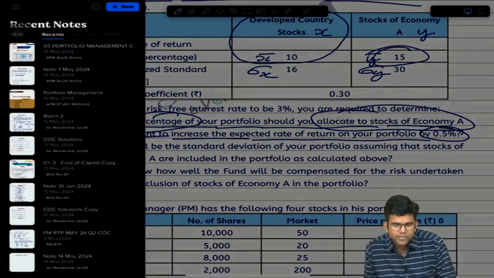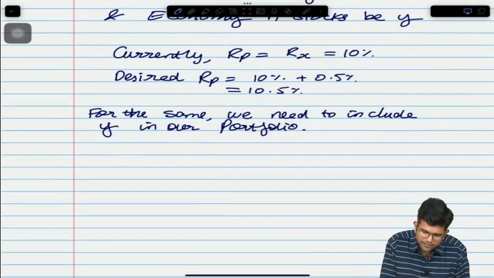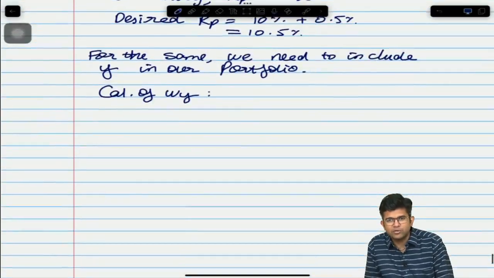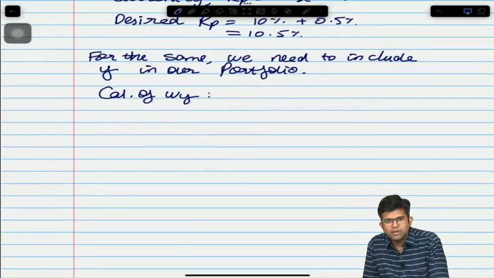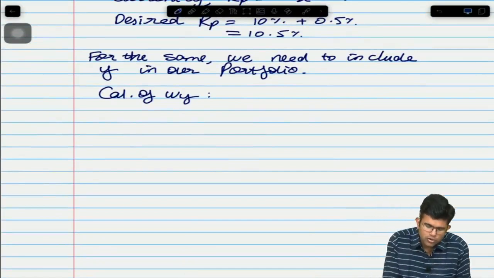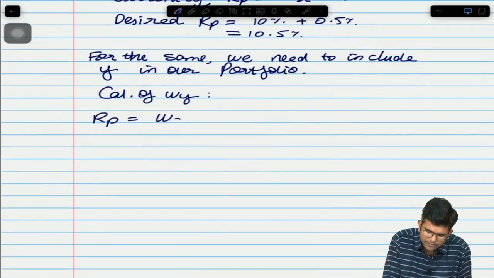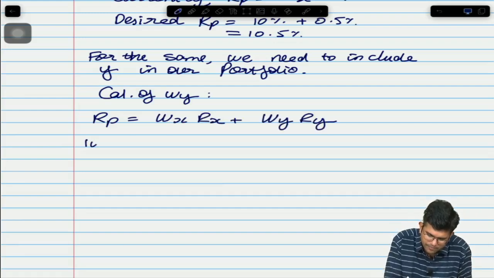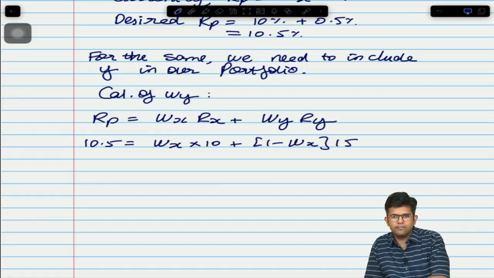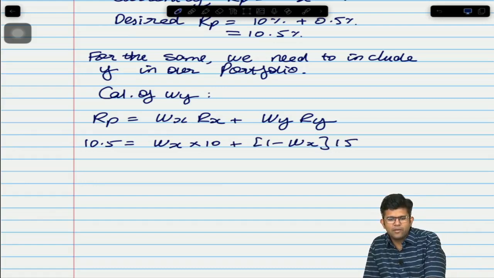Everyone ready? So I'll write here. Do you all understand this is what they're asking you? Check. They're asking you what should be the weight of Y in your portfolio. Students, let's see if you get it without me speaking it. Are you smart enough to get what I have done?